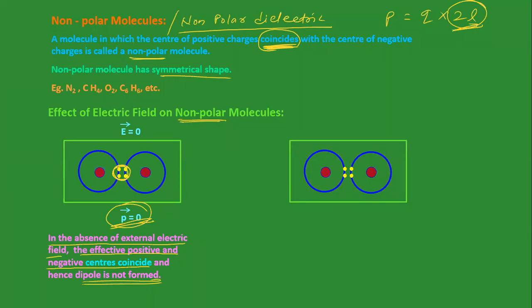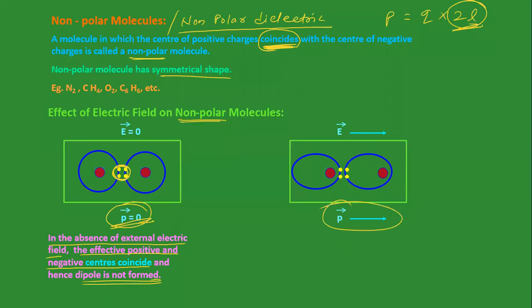When we apply electric field, you can see the change. The centers of positive and negative charge do not coincide with each other, so a dipole is produced here. Some dipole moment is there, and it is in the direction of electric field.